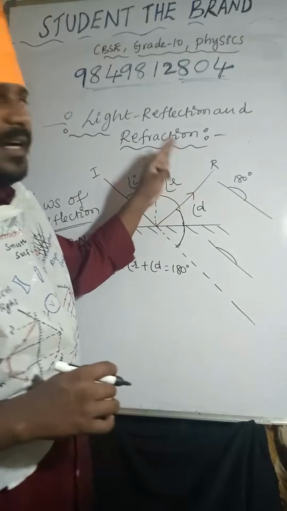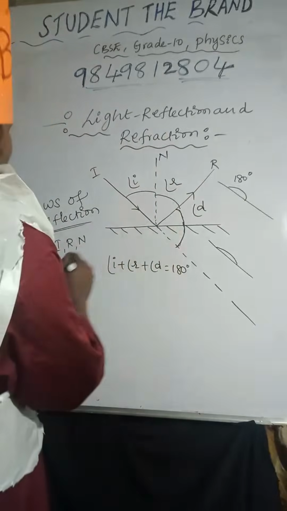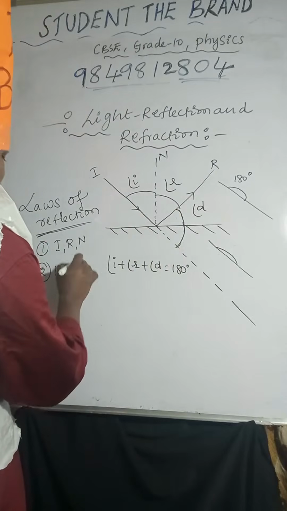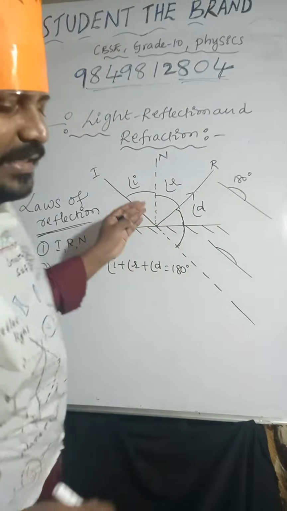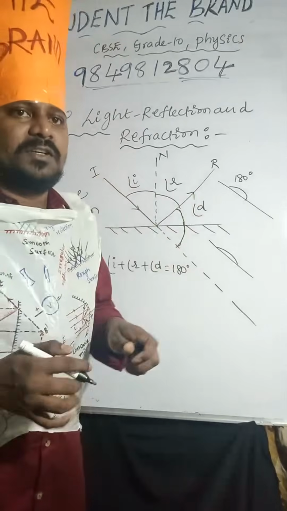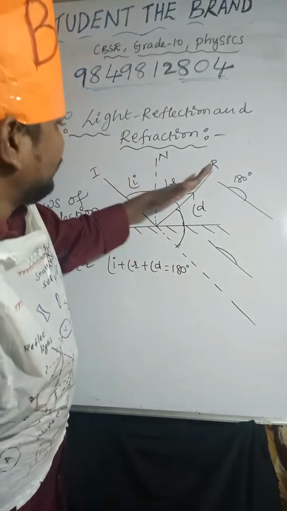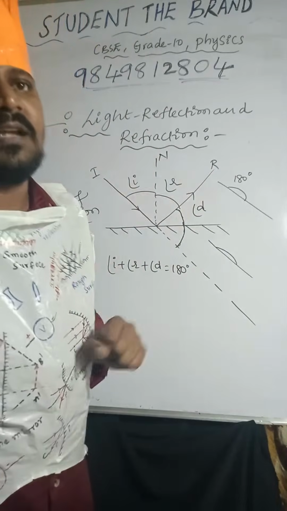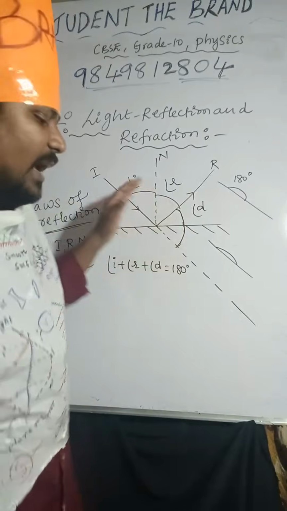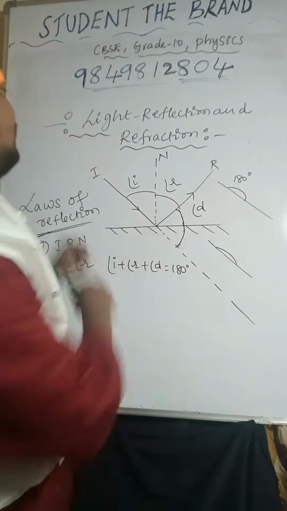Point number 2: the angle of incidence is equal to the angle of reflection. So these are the laws of reflection.